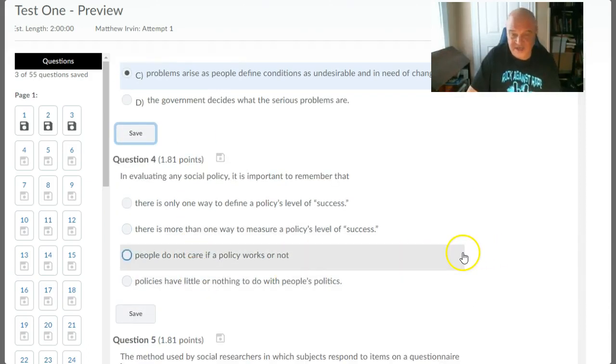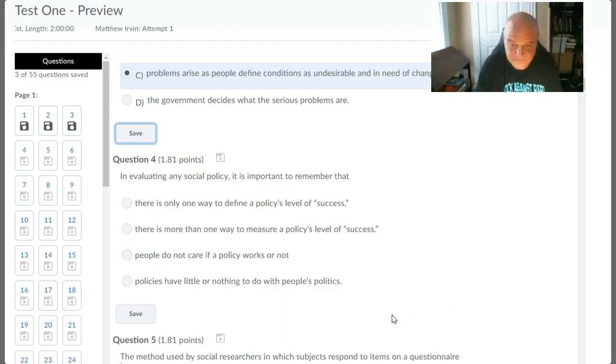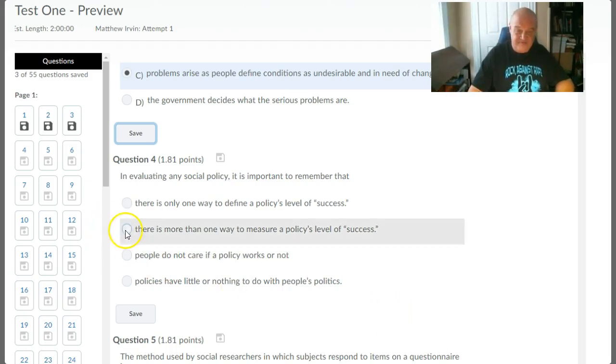In evaluating any social policy, question 4, it is important to remember that there is more than one way to measure a policy's level of success.